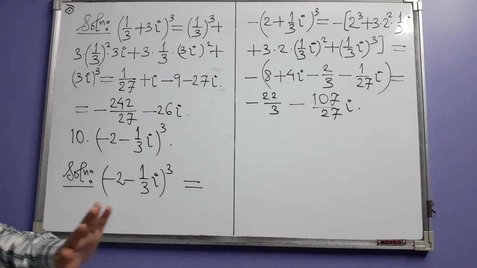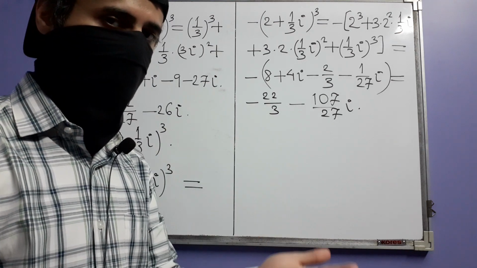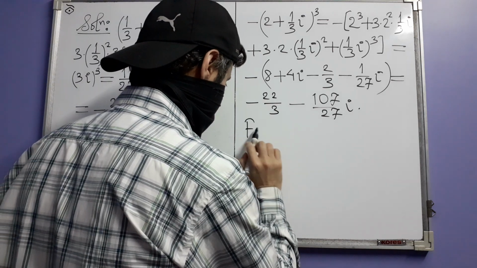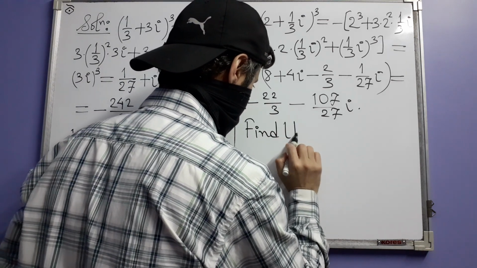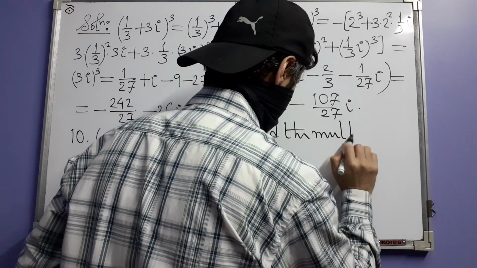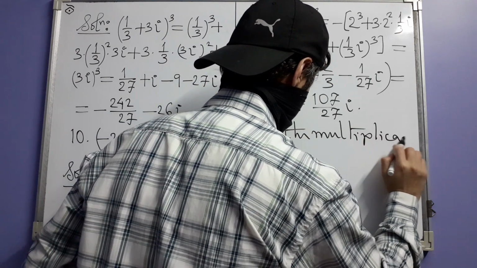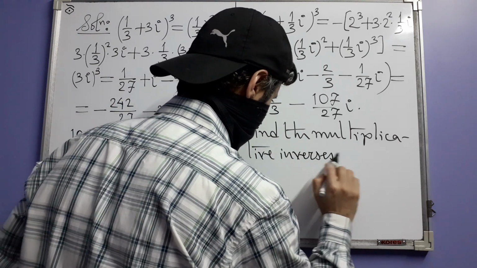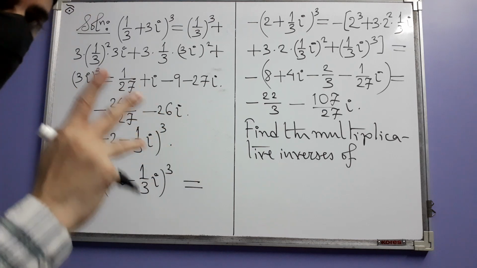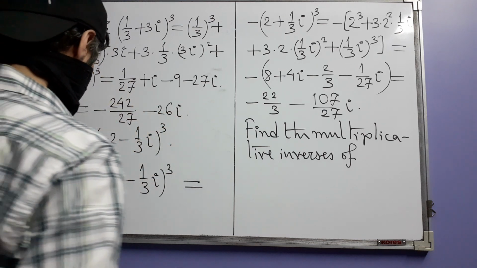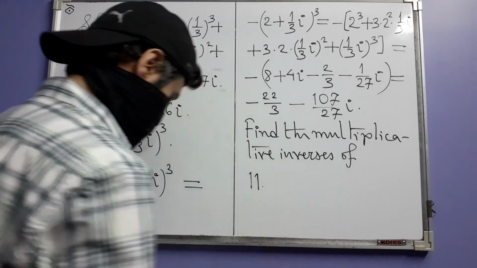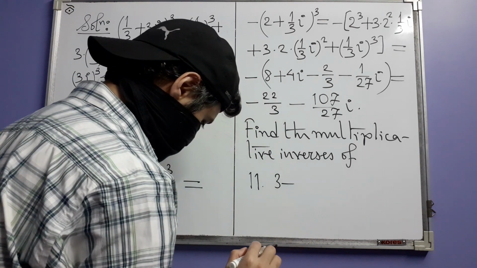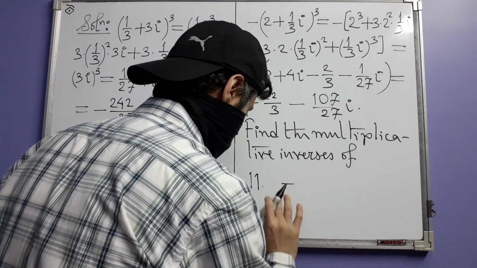Okay, so in these exercises we had to express the given number in the a plus bi form. Next, find the multiplicative inverse of the next 3 exercises. The next one, that means the 11th one, has this number 3 minus 4i, sorry, 4 minus 3i.